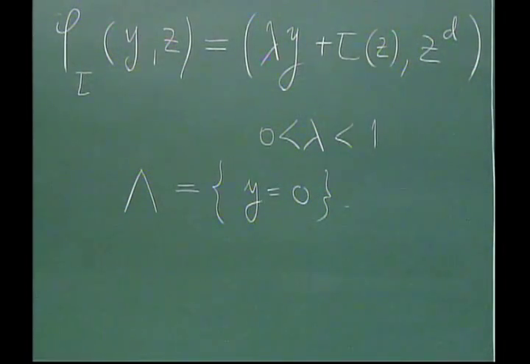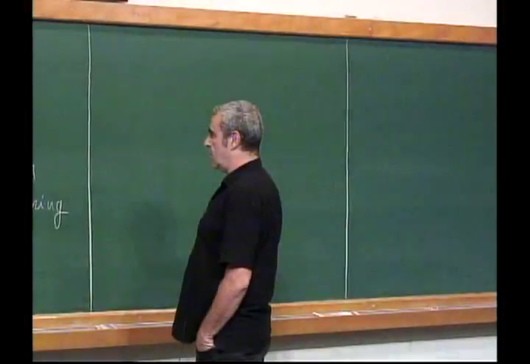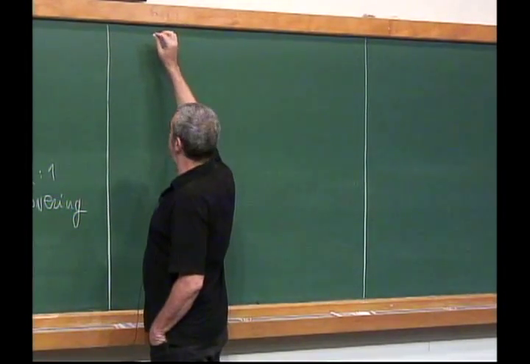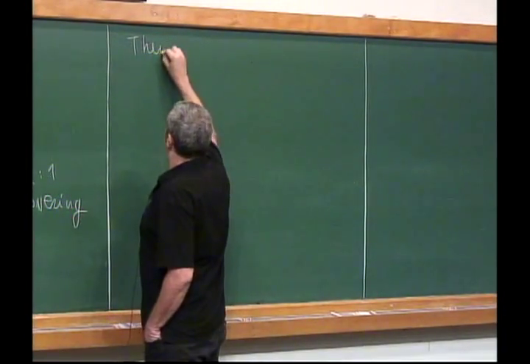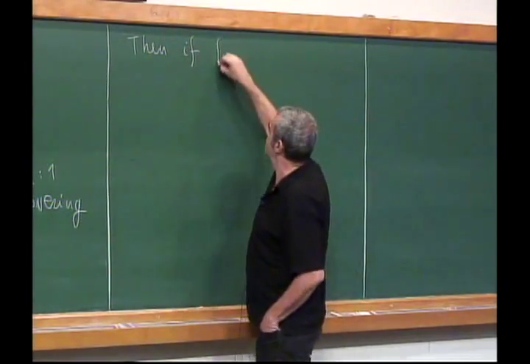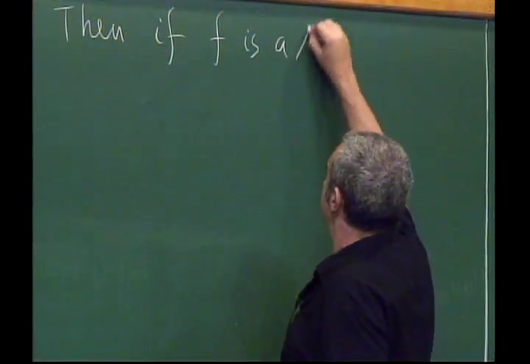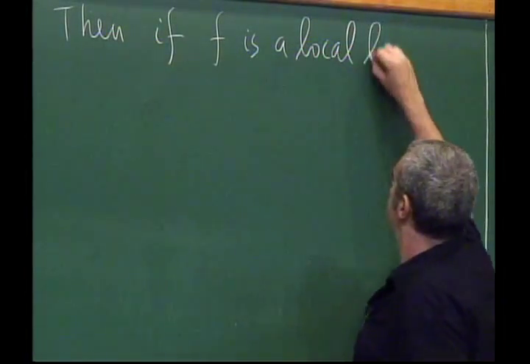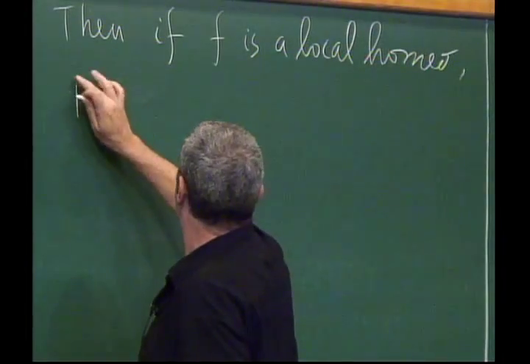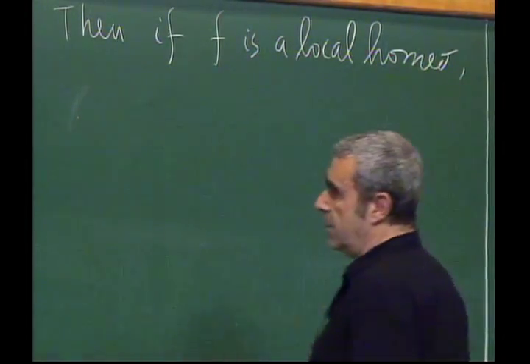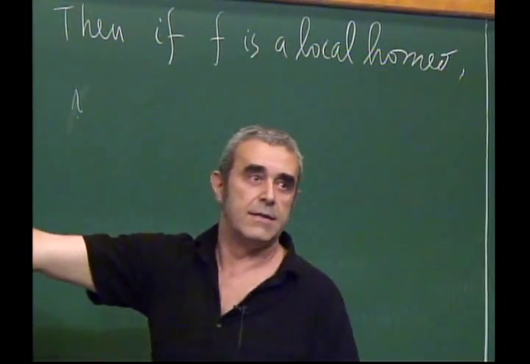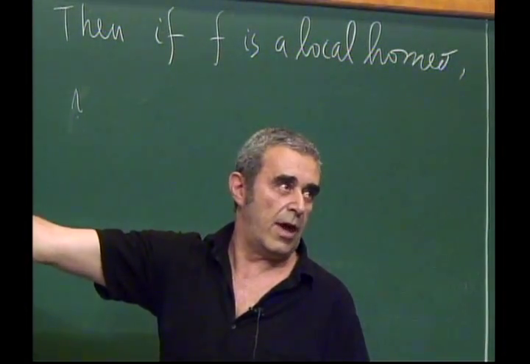Well, it's normal if this is a covering, and the result is that if F is a local homeomorphism, the immediate basin, assume lambda is connected, okay?